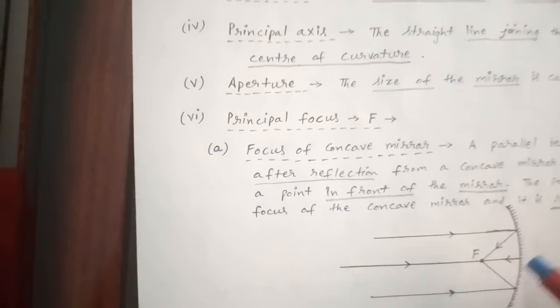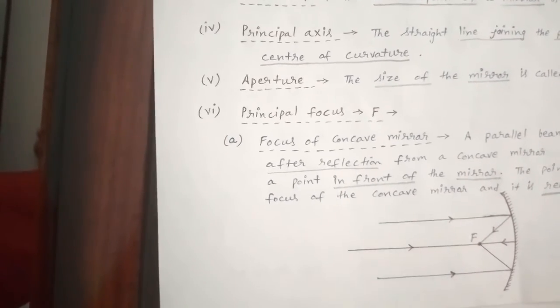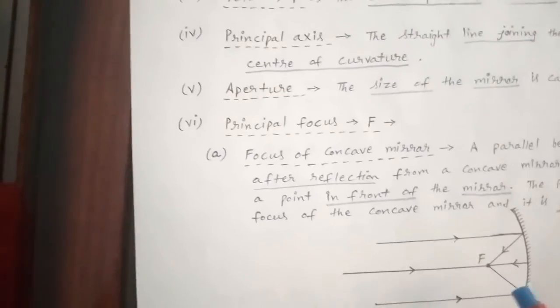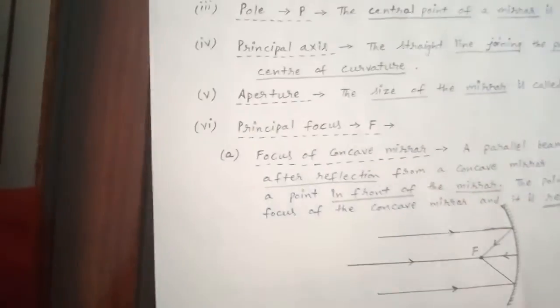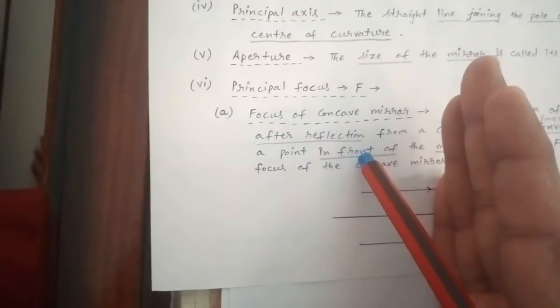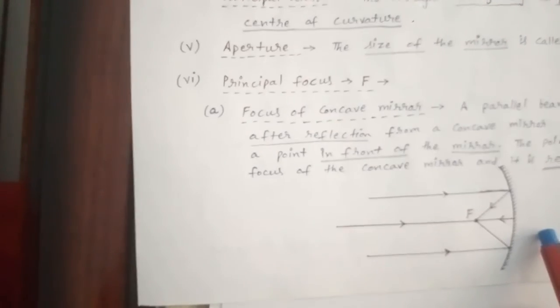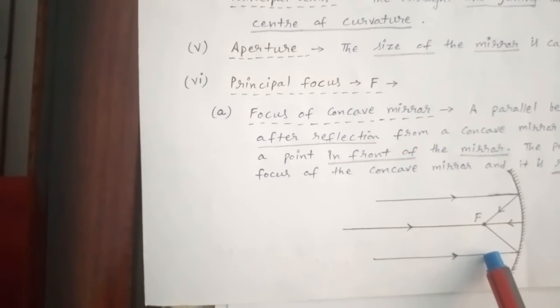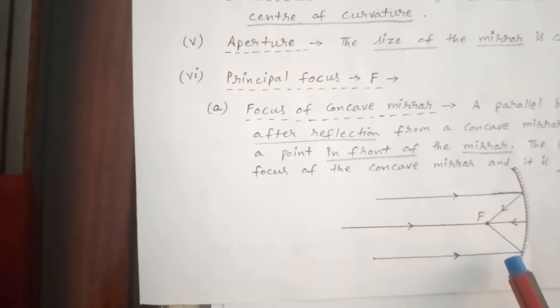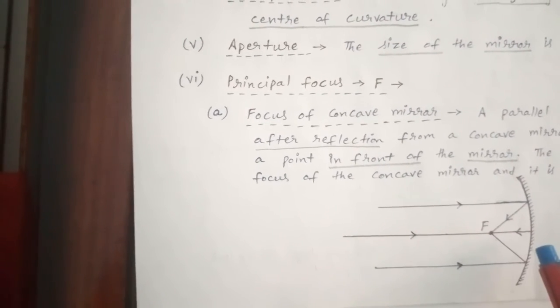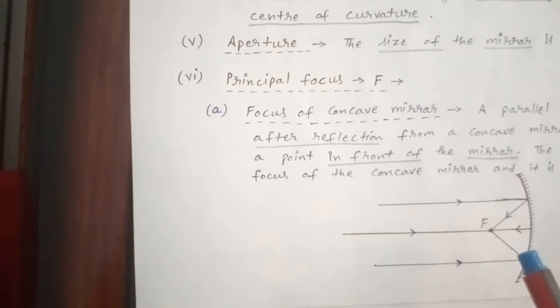Assume at the focus we take an imaginary plane or a sheet of paper in front of this mirror and put it on the focus. That plane, through which the principal axis passes and which is perpendicular to it at the focus, would behave as a focal plane.